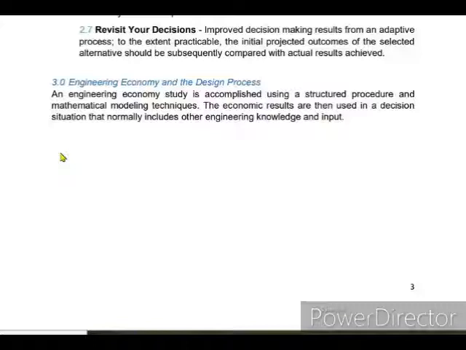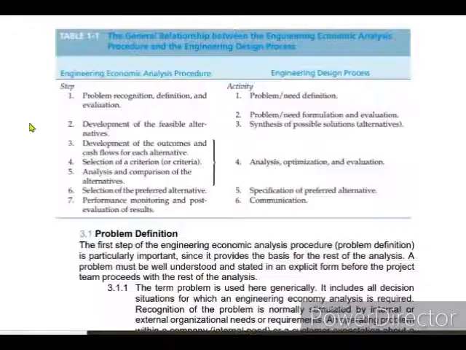The economic results are then used in a decision situation that normally includes other engineering knowledge and input. Table 1-1, the general relationship between the engineering economic analysis procedure and the engineering design process. This table shows the relationship of the engineering economic analysis procedure to the engineering design process.